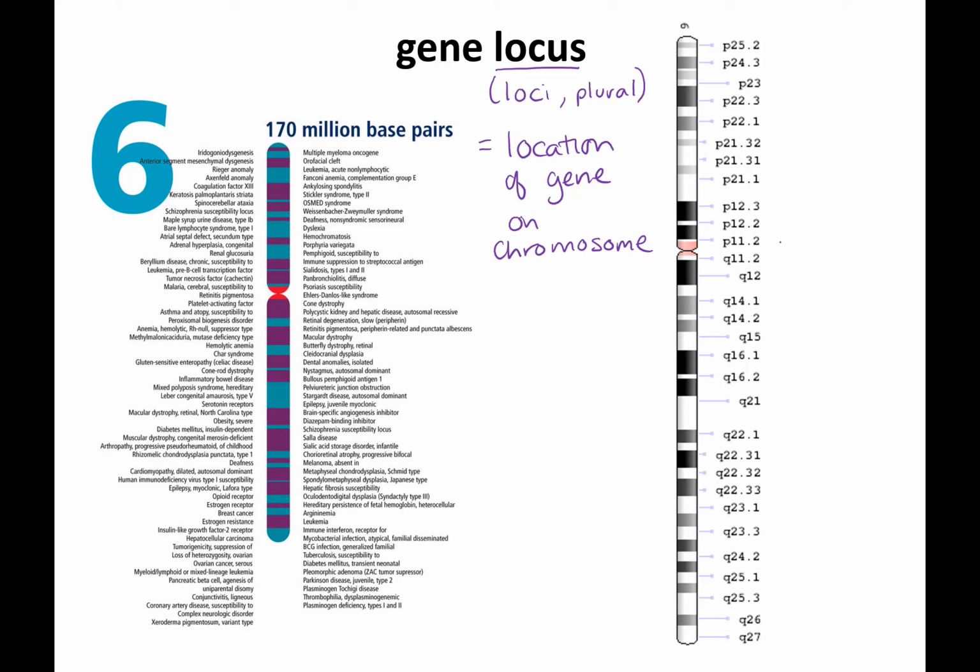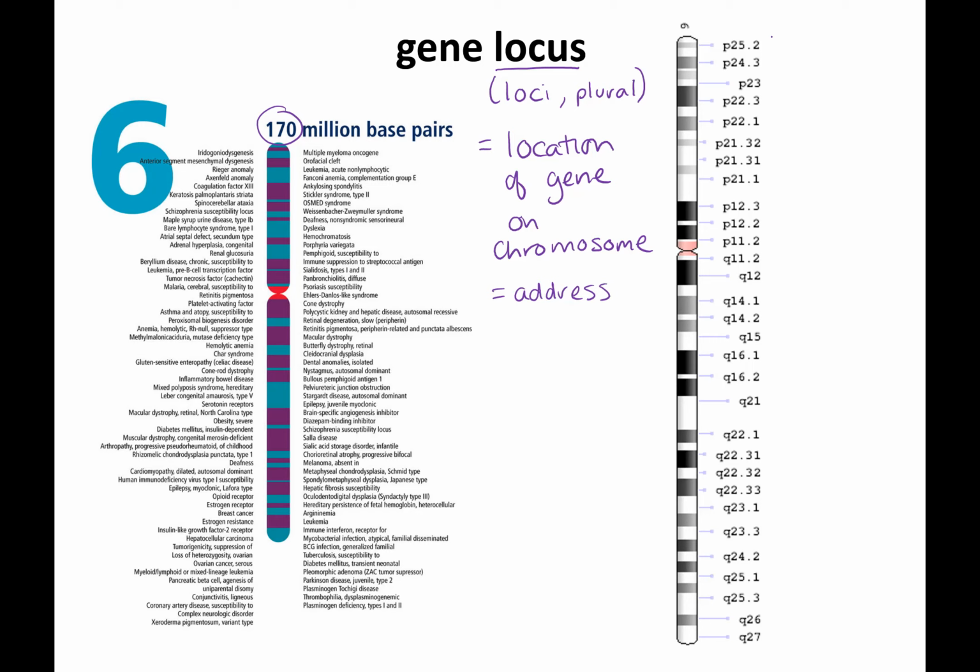And so they're like an address. So if you look at chromosome 6, it has 170 million base pairs. So 170 million GCAT base pairs. And then they list a bunch of the genes that have been mapped, or they find their location on chromosome 6. And then you get further, more detailed addresses.